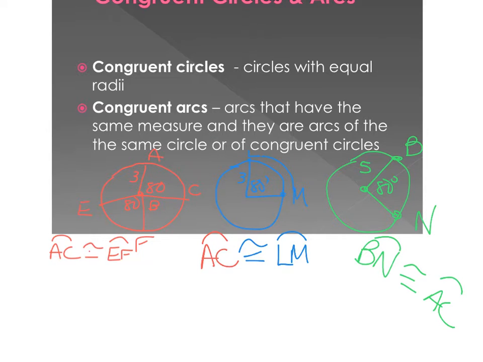Later on we're going to see that if we were to take a string and measure this, it wouldn't be the same length. So this would not be congruent because the circles are not congruent. The blue and the red are congruent circles. They have the same radius length and their arc measures are congruent.